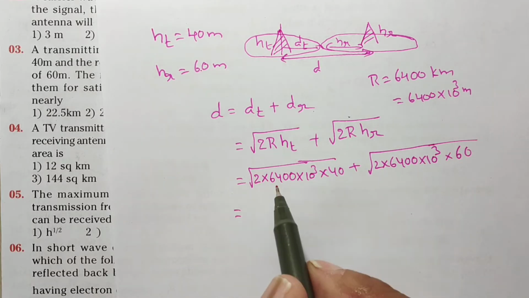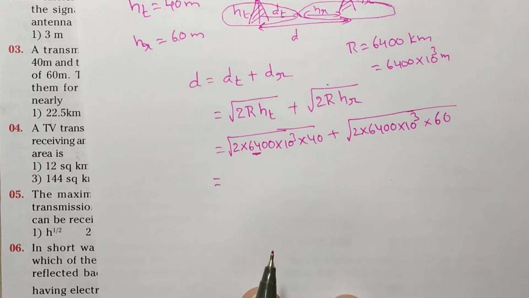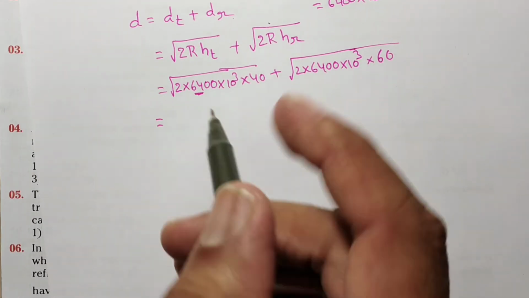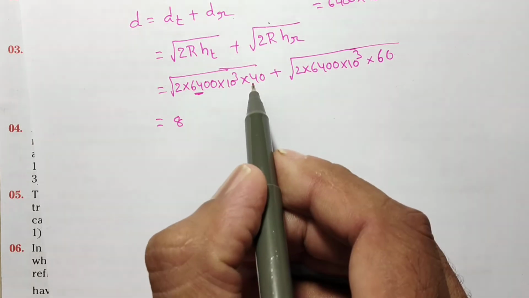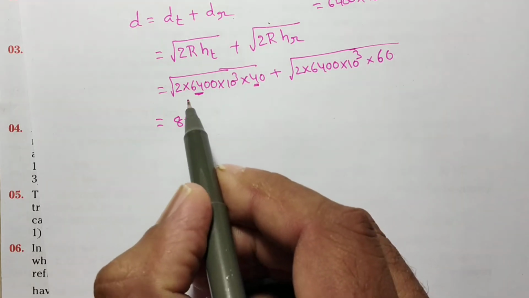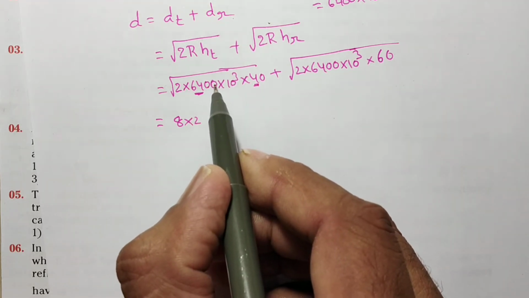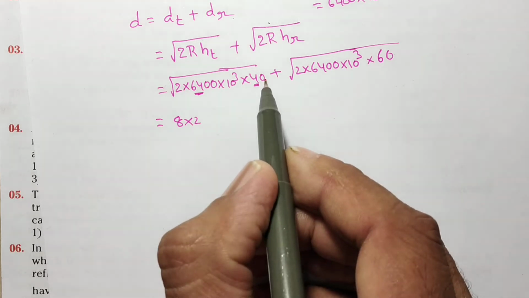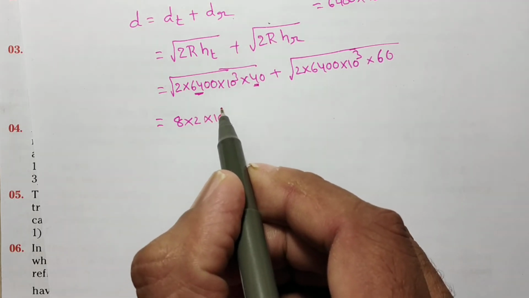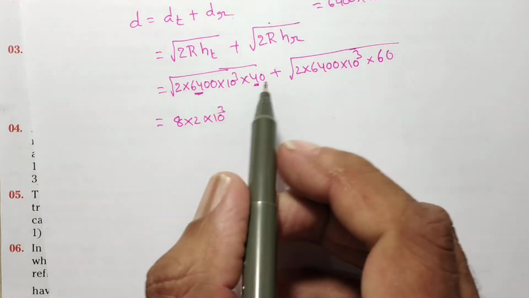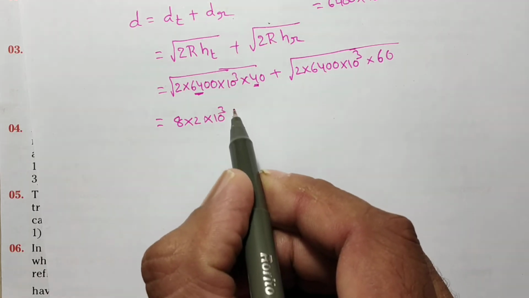So 64 means 8 square. We take 8 outside, and 4 means 2 we are getting, and 10 to the power of 3 we take outside, so only root 2 is left.